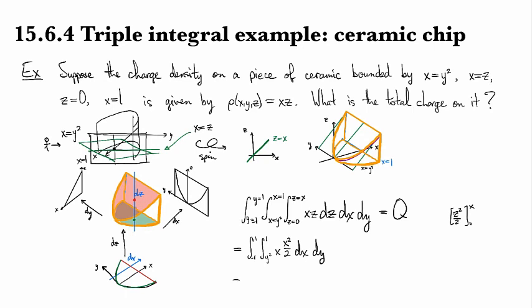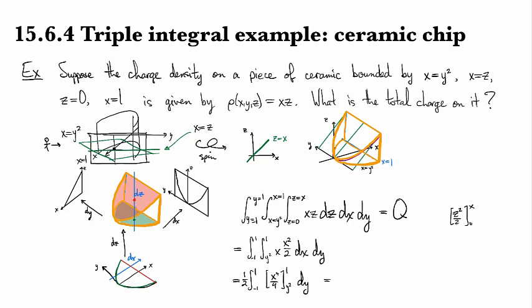So we've got a factor of 1/2, and x cubed integrates to x to the 4th over 4 from y squared to 1.